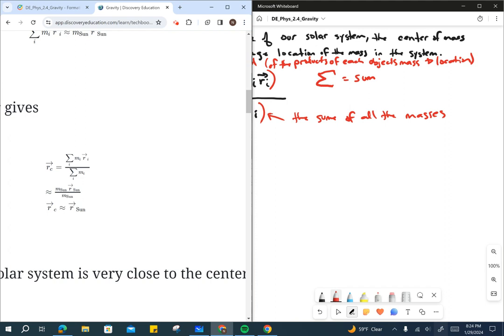So you could say that the center of the mass of our solar system is approximately equal to the location of the sun. Okay, that's what this is basically saying.